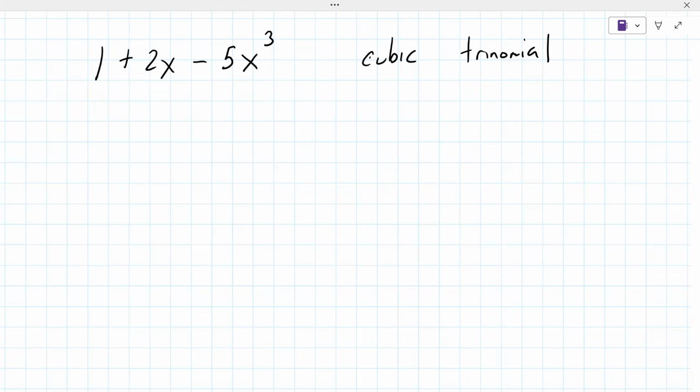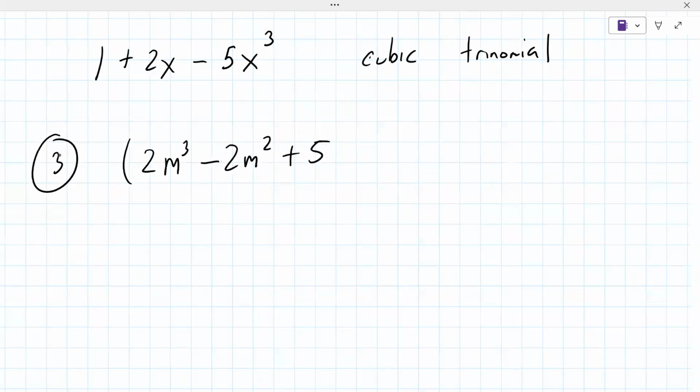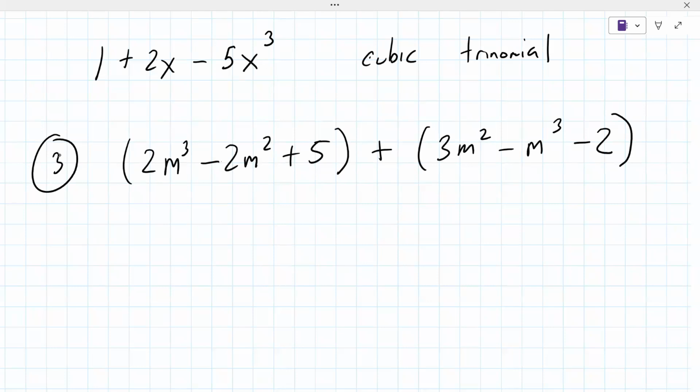So number three, it's parentheses 2m cubed minus 2m squared plus 5, parentheses, plus parentheses 3m squared minus m cubed minus 2, parentheses. You have to perform the indicated operation and simplify.